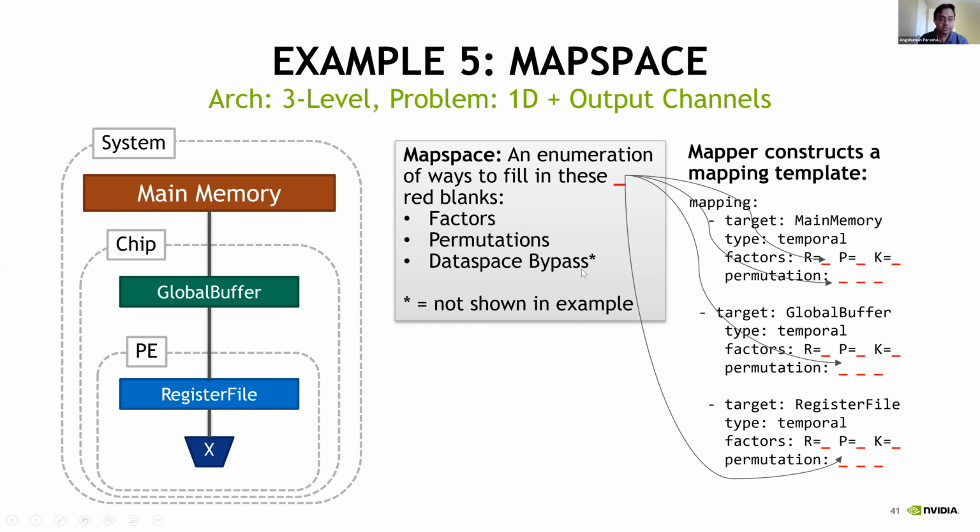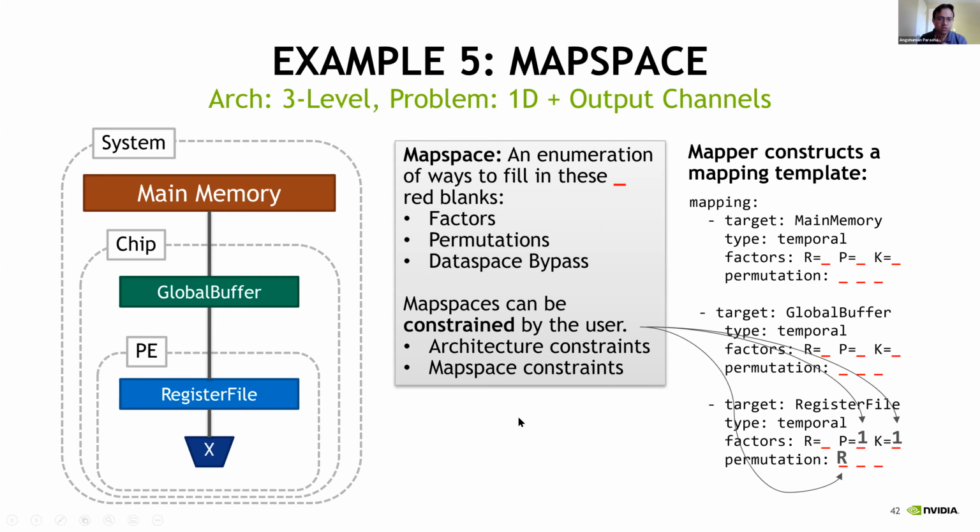What are all of the ways in which I can bypass data spaces or keep them at all of the architecture levels? Bypass is not shown on this slide for brevity. But basically, a map space is an enumeration of all of the choices that the mapper has.